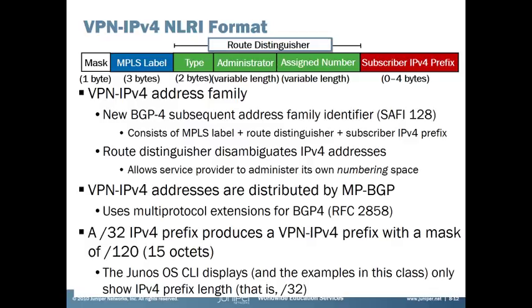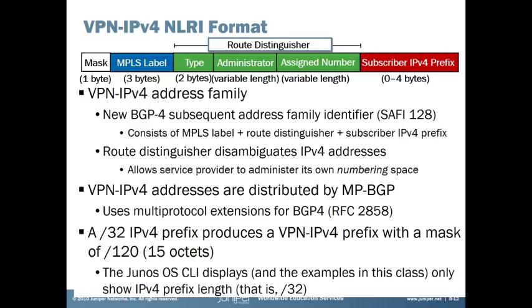Okay, so we add this thing called a route distinguisher, and the route distinguisher is a unique number that is different for each virtual routing and forwarding table that you're operating on that particular provider's core. So every virtual routing and forwarding table has a unique number for its route distinguisher. So you'll never have two routes which are identical, because we add this route distinguisher into the routing information.